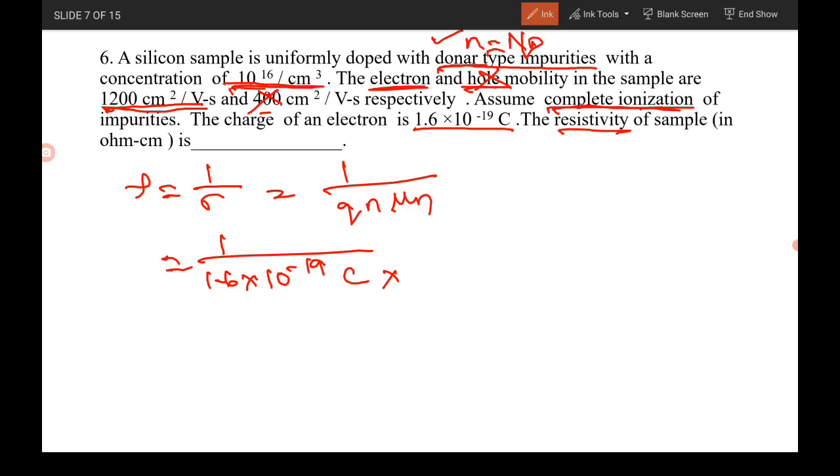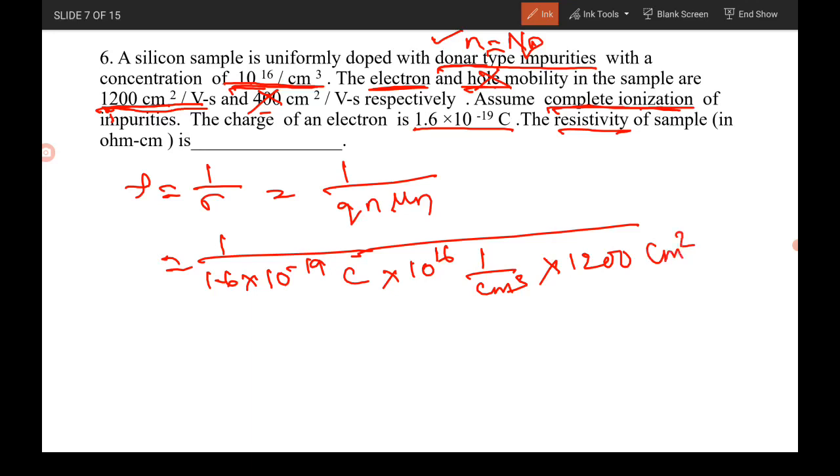It is the donor concentration or electron concentration, that is 10 to the power 16 per centimeter cube. And last is the electron mobility, which is 1200 centimeter square per volt second.